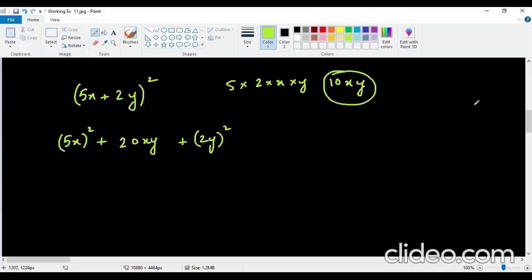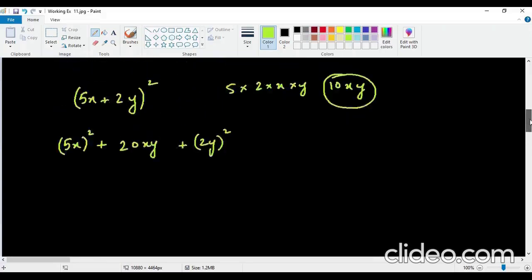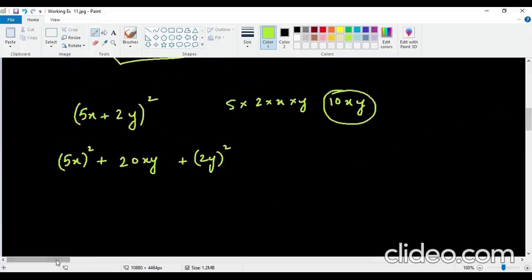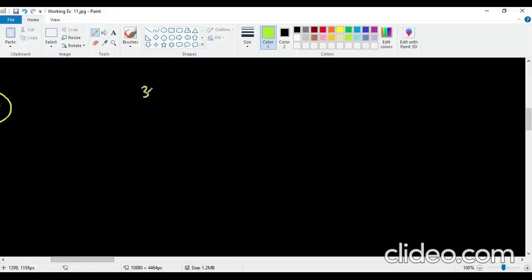Now, for example, if I give you 3x minus 2y, and I'm asking you to square it. So what you should be doing is 3x square and 2y square like this. 3 times 2 is 6xy, and double it.